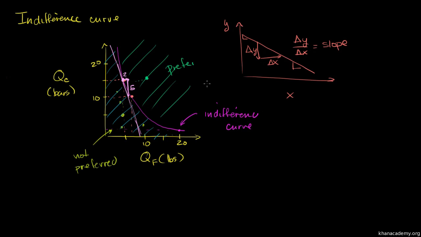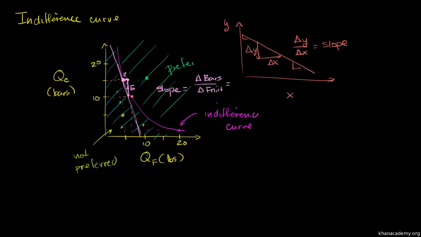So what is the slope here? The slope here is going to be your change in bars, and I should actually say this is a negative right over there. It's going to be your change in chocolate bars over your change in fruit.